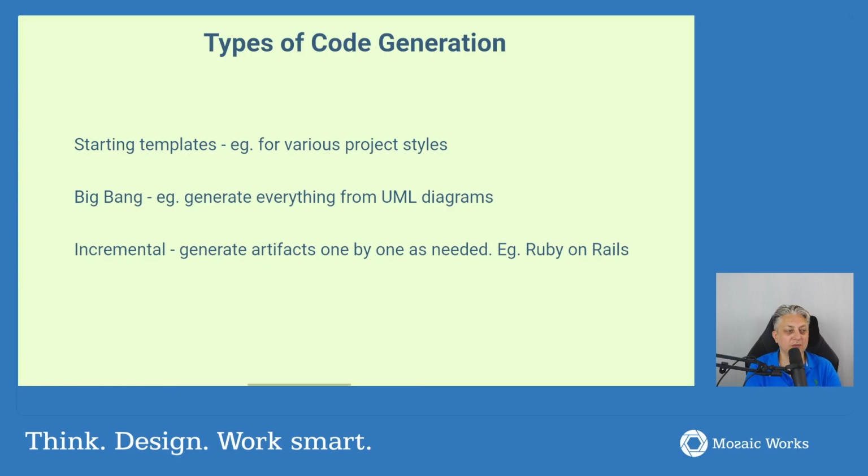So in Ruby on Rails, first you generate a project structure, and then you start generating, let's say, a model entity, a domain entity, and then from there you generate a controller, and you generate a view, and then you start modifying those. And this has been adopted after Ruby on Rails in other technologies as well.